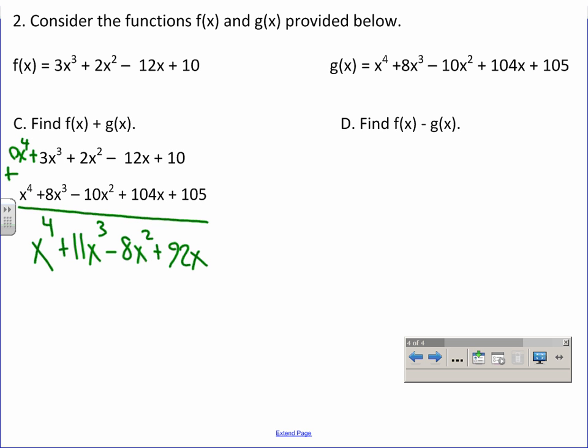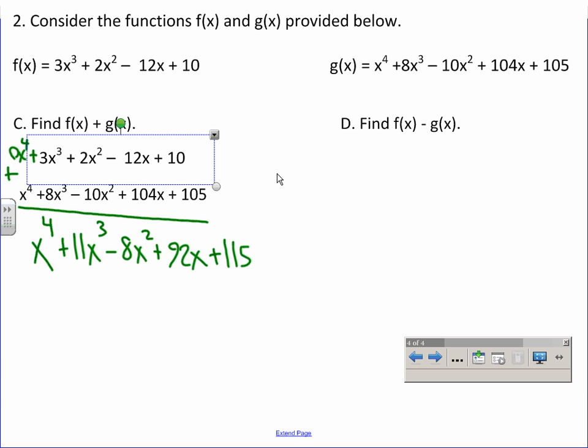And then 10 plus 105 gives me plus 115. So that is f of x plus g of x. We're just combining like terms basically. And this is another way of looking at it by stacking it. Looks good.